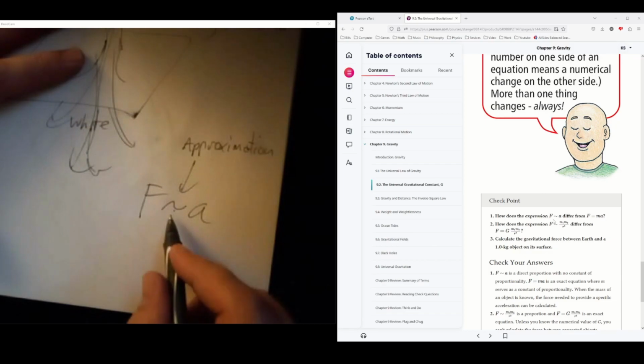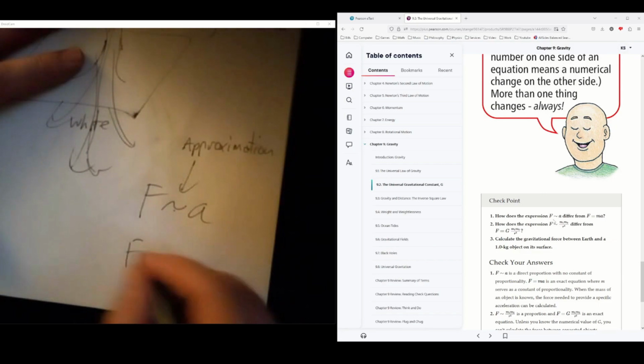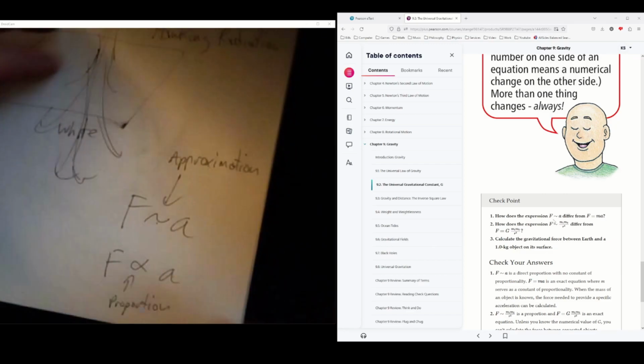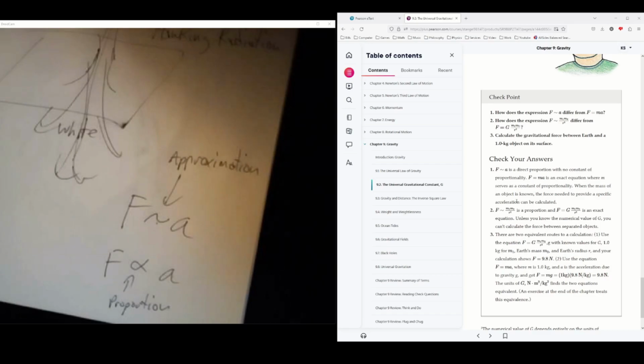But they're trying to use this as meaning proportional. Proportional actually uses this alpha symbol. This is the proportionality symbol in math. That's what means proportion.